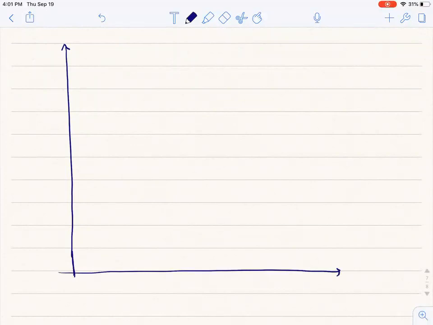Now remember, because we're drawing these, they're not going to be very precise, but that's okay. On the test, I'll give you the graph, and then you can just draw it on there, so you don't have to do this step, at least.